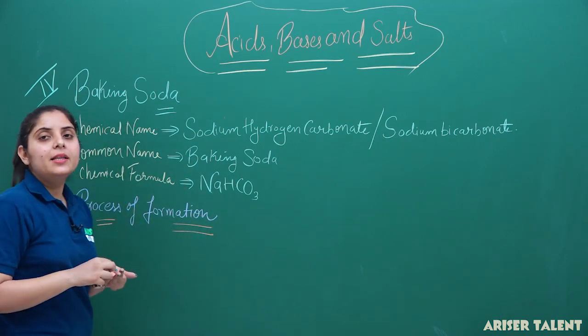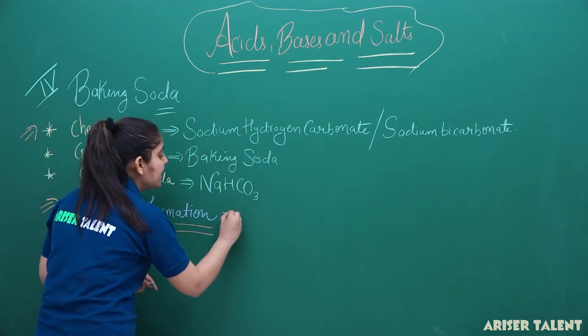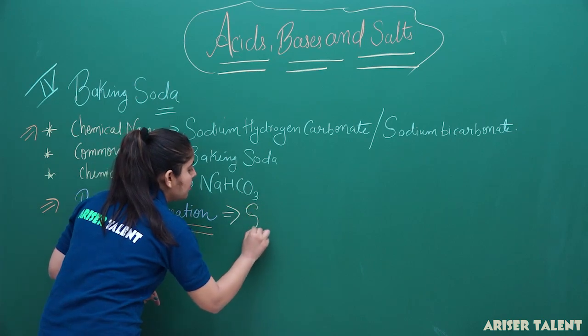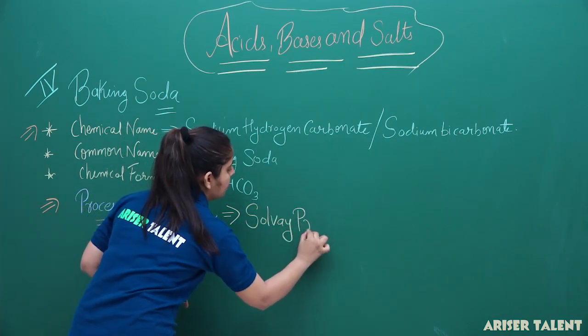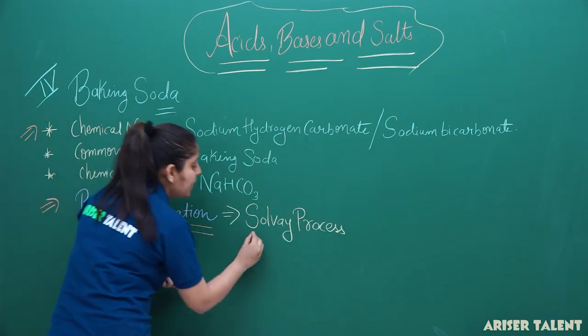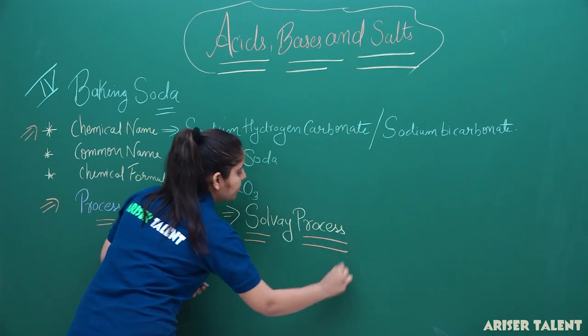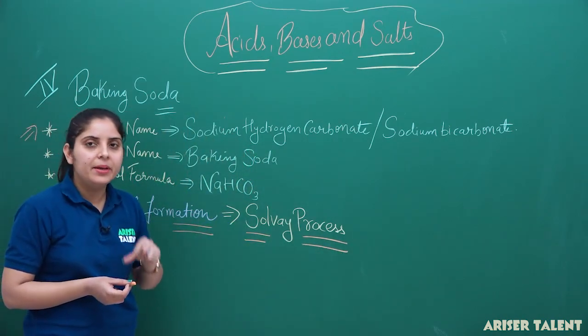In the process of formation of sodium carbonate, known as the Solvay process, sodium hydrogen carbonate is obtained as an intermediate product.